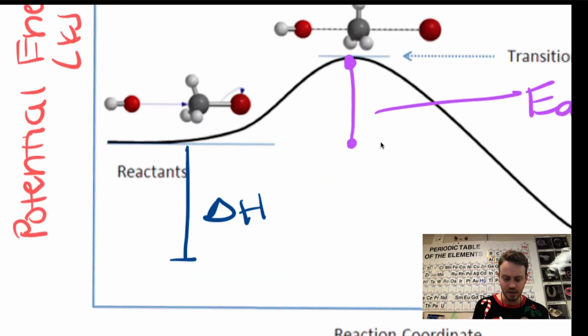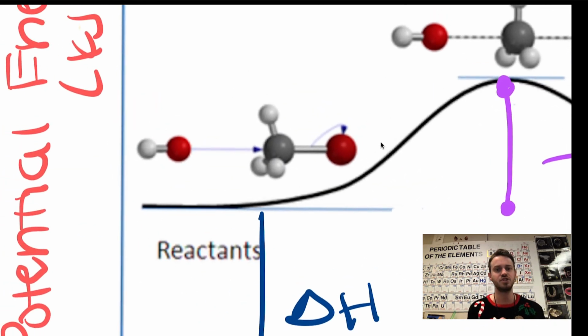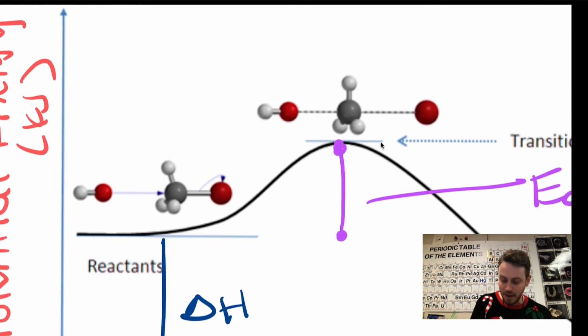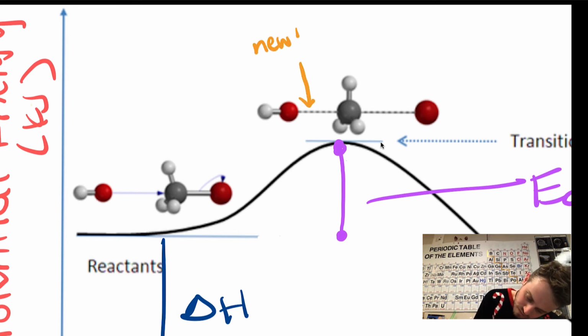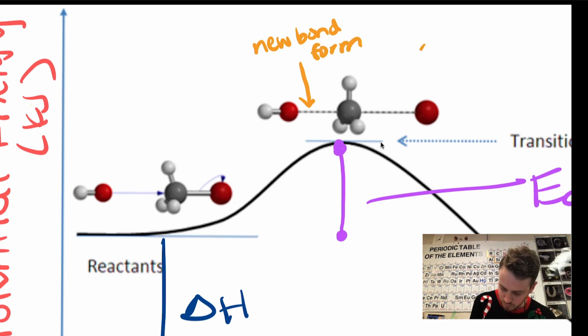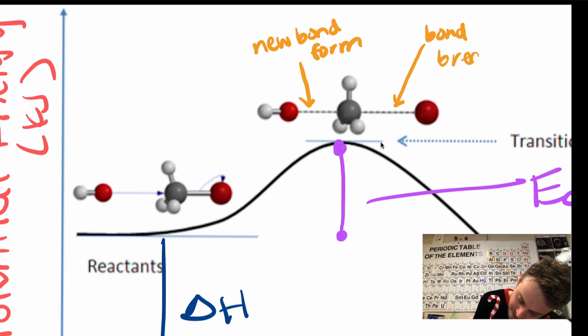Basically, we have these two reactants coming together. They're going to collide in the correct orientation. And what ends up happening is, I'm going to change my color, this new bond is going to form, and then this bond is going to break.